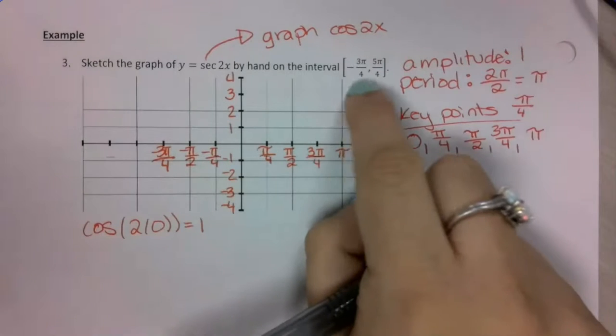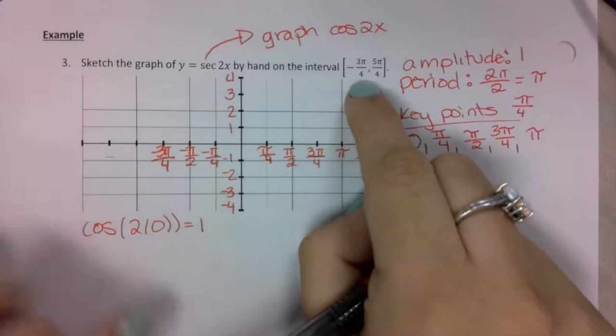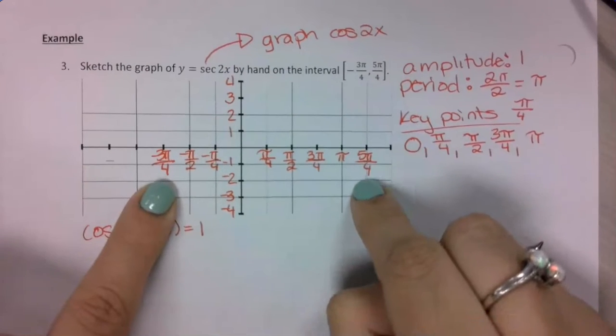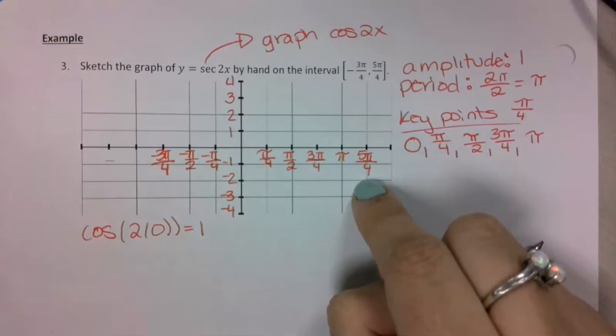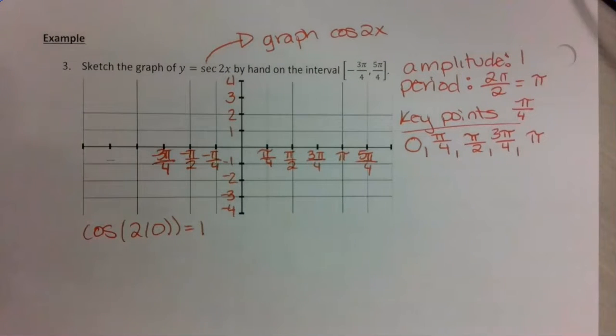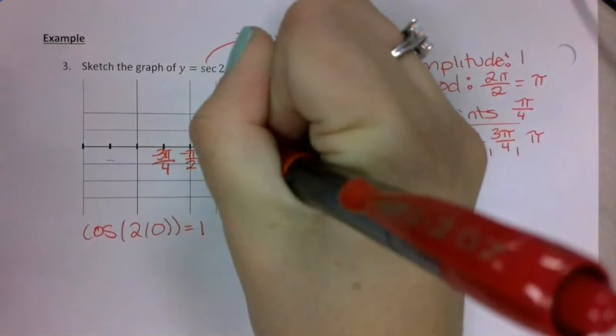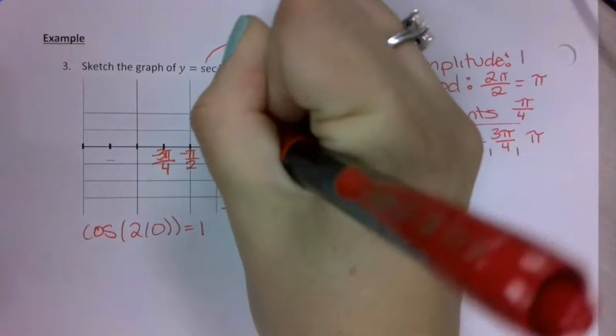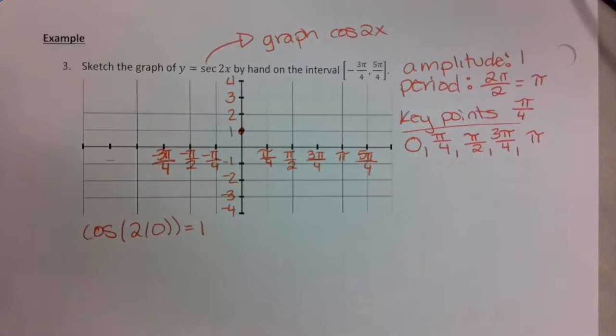This interval right here is telling me where I want to graph between. I want to be between negative 3/4 and positive 5/4 when I graph this all. Then I can finally graph the point I plugged in. When I plugged in 0, I got 1 out, so I'm going to plot that.